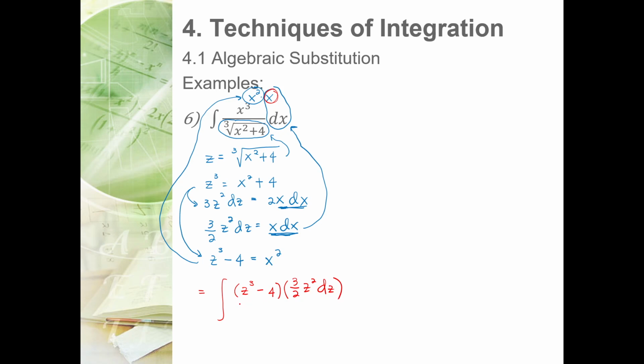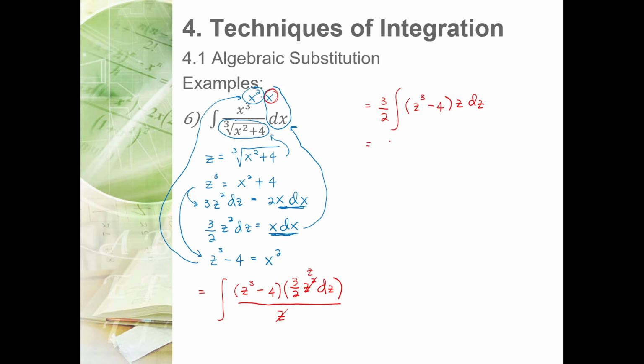Then divide by the denominator, that's the z variable. So eliminating one z and then factoring out the constant term, we have 3 halves integral of z cubed minus 4 then times z dz.